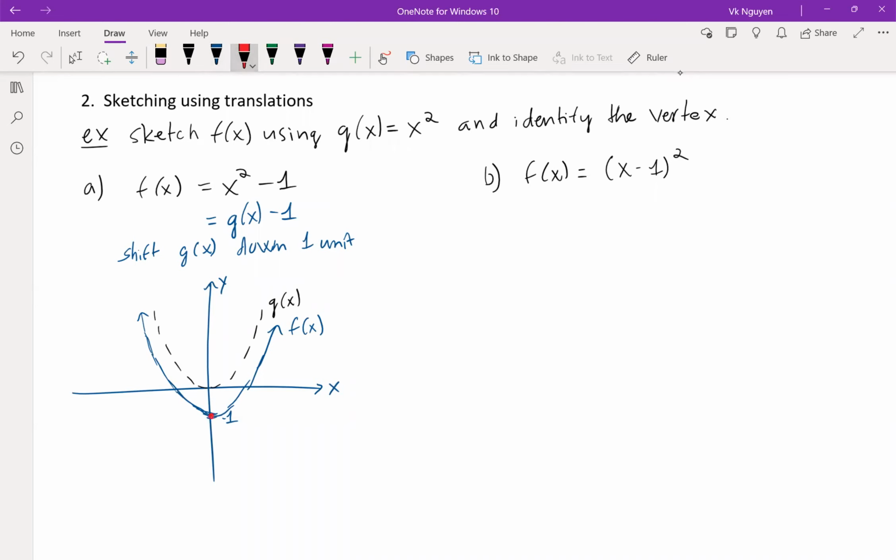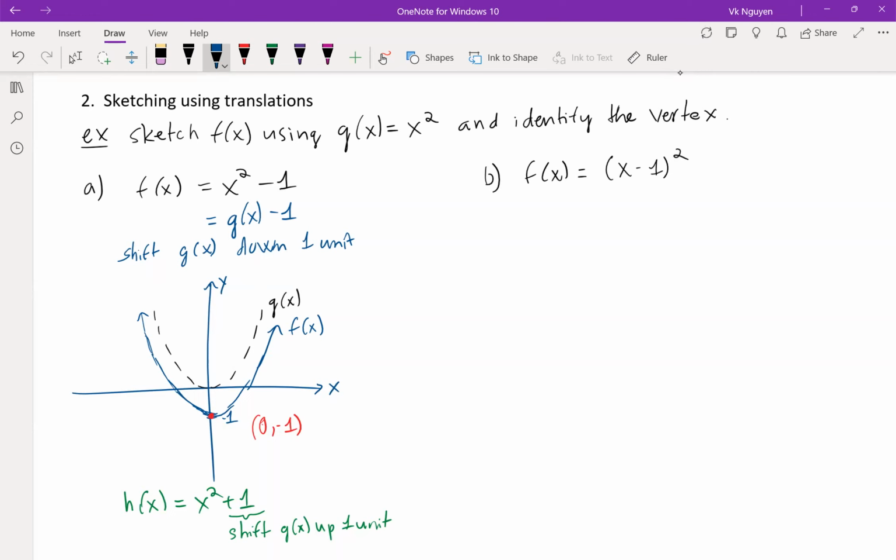The new vertex is 0, negative 1. If we have h(x) to be x squared plus 1, then the plus 1 tells us that we shift g(x) up 1 unit.